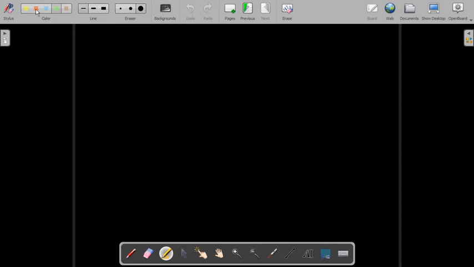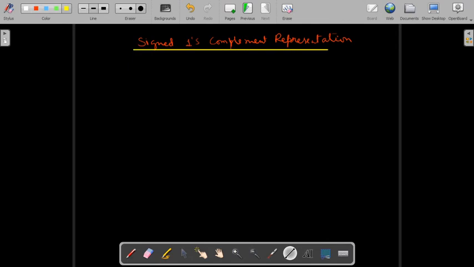Now if we are using signed one's complement representation, then in that case the plus 9 again has the same representation.